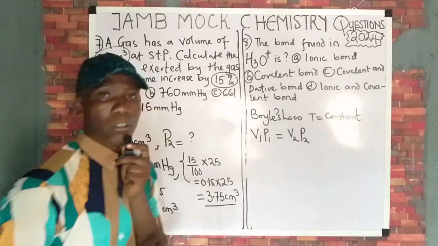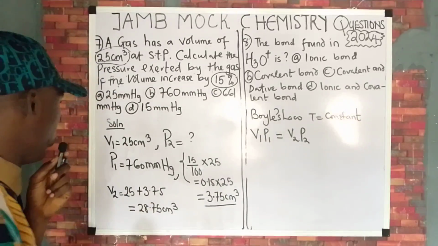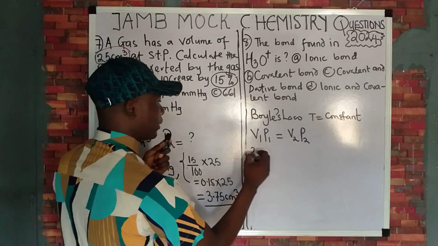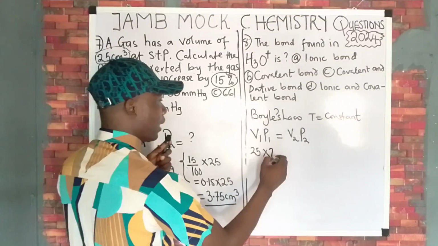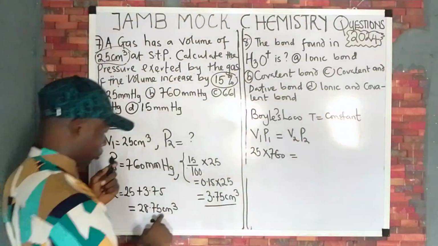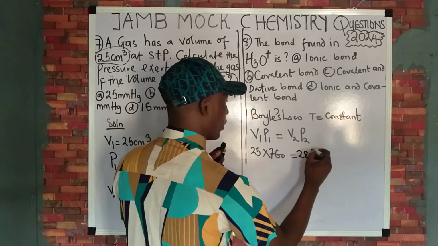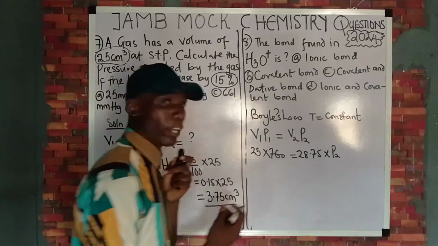That's the mathematical relationship in Boyle's law. So what is our initial volume? Our initial volume is 25 times our initial pressure 760 equals our final volume V2, 28.75, times P2. Remember, you are looking for the second pressure.